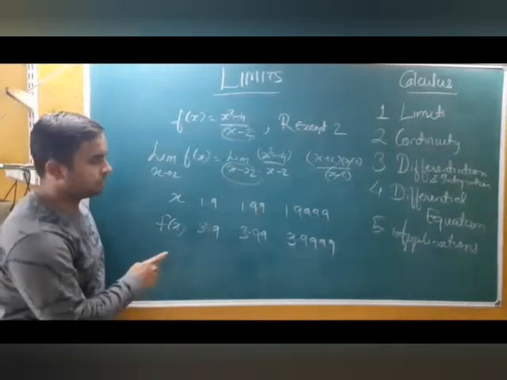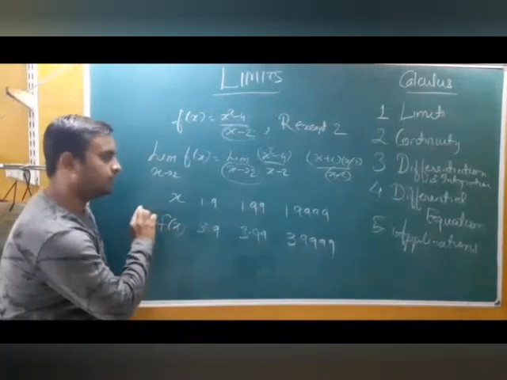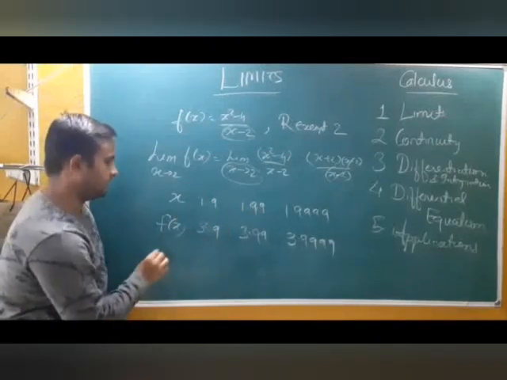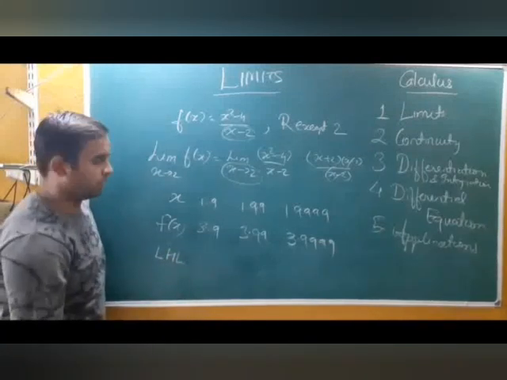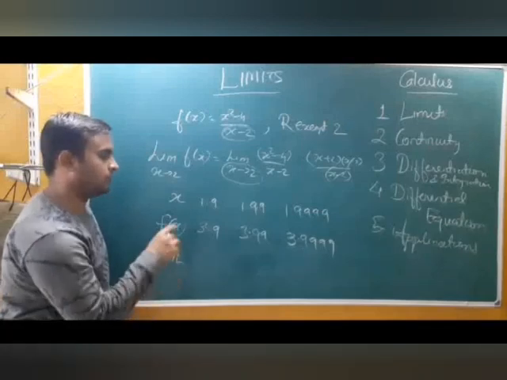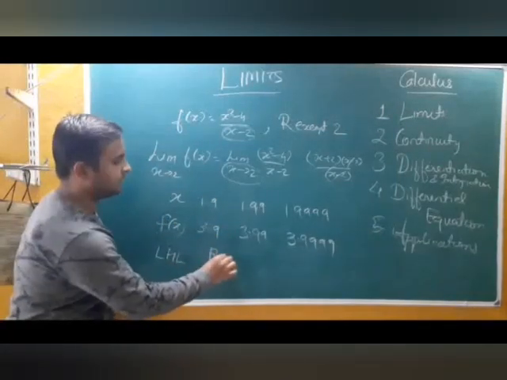This is called the limits. That means when your x is approaching very close to the value from the left hand side, you will say that as left hand limit, like I told you last time. And when it is approaching the value from the right hand side, you call that as right hand limit.